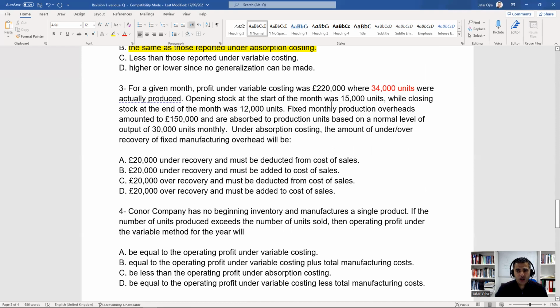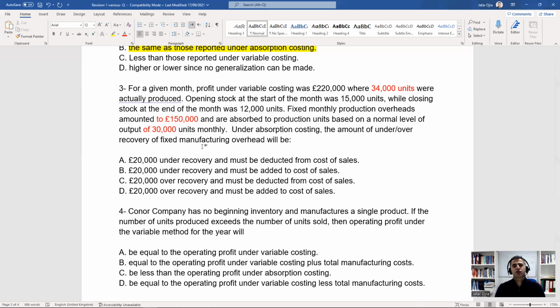Opening stock, 15,000 units. Closing stock, 12,000 units. The fixed production overhead is 150,000. That's important. We have to look at this. And this is absorbed using a normal output of 30,000 units monthly.